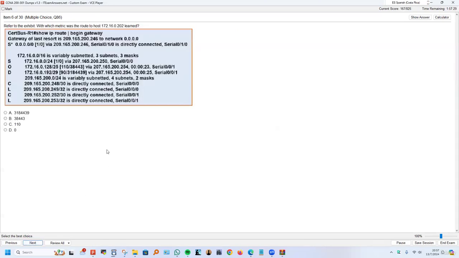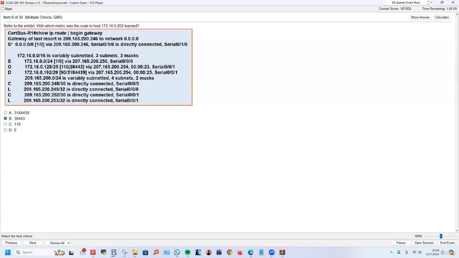What about this one? Refer to the exhibit. With which metric was the route host 172.16.0.202 learned? This is actually option B. And the reason is because the lowest administrative distance is 90. Probably it is using, actually it is 110.